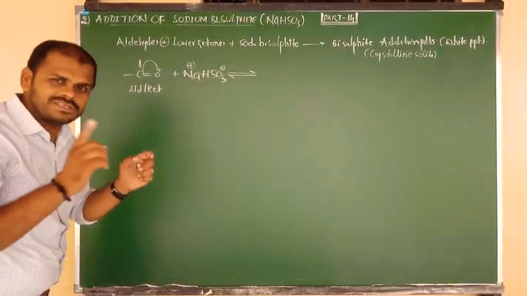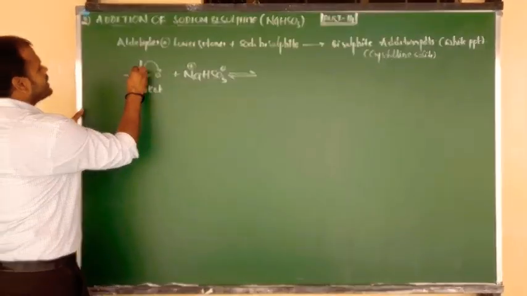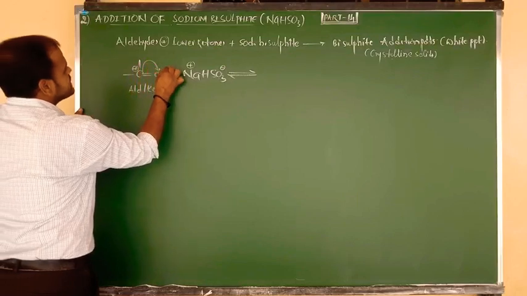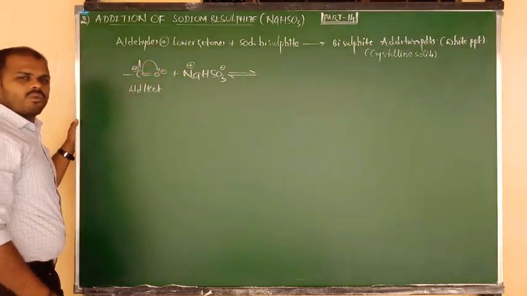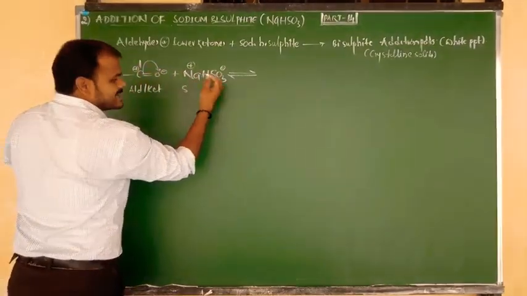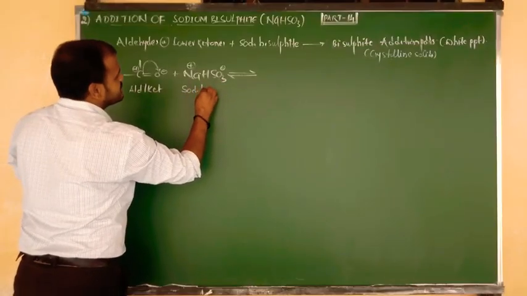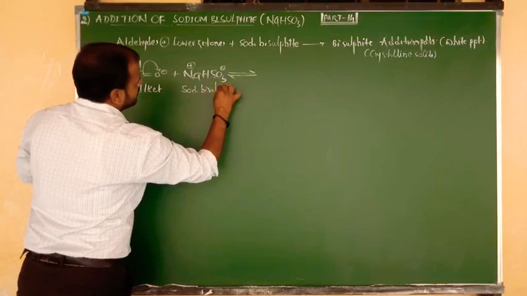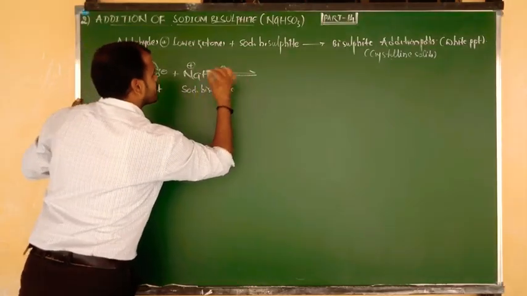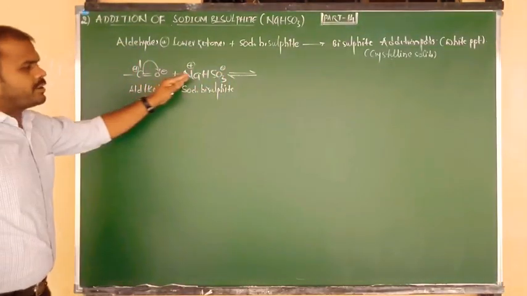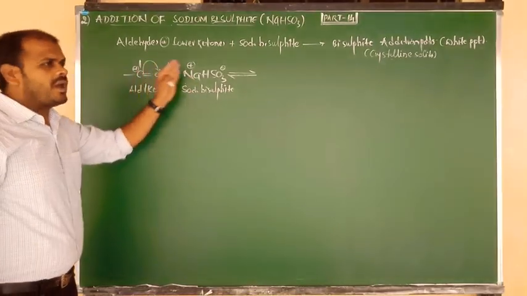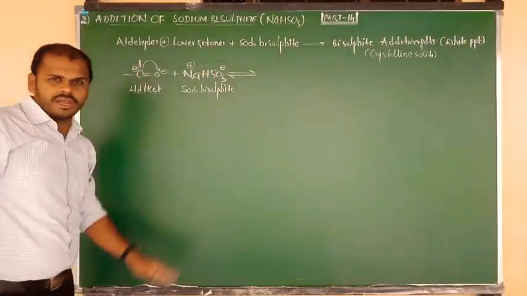After delocalization of the pi bond, carbon has a positive charge and oxygen has a negative charge. NaHSO3 means sodium hydrogen sulfite, also sodium bisulfite. Now the negative species attacks the positive, and the positive attacks the negative.